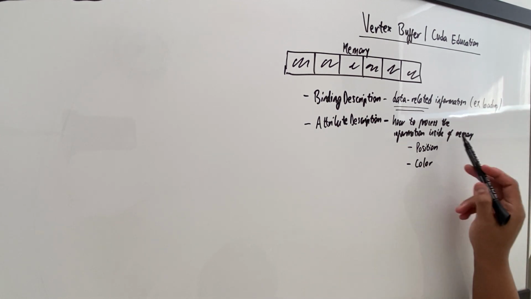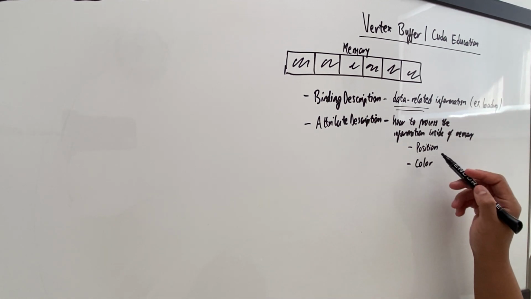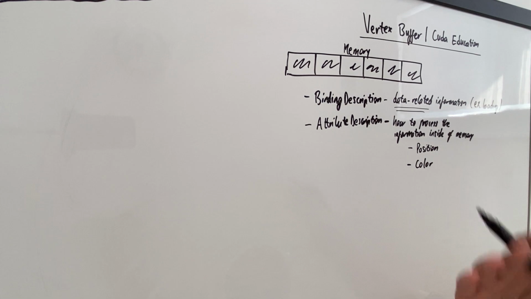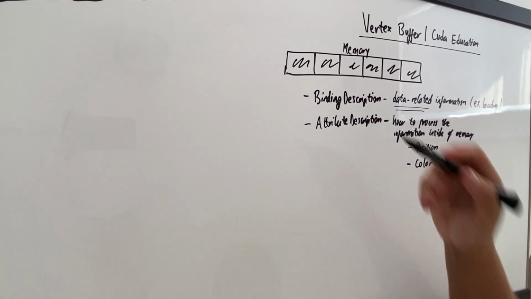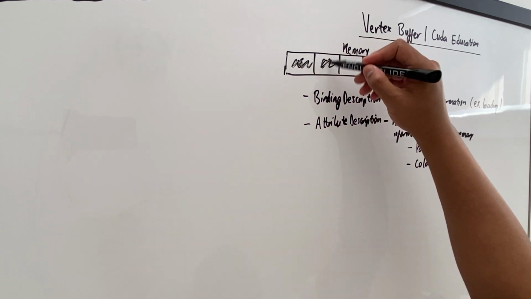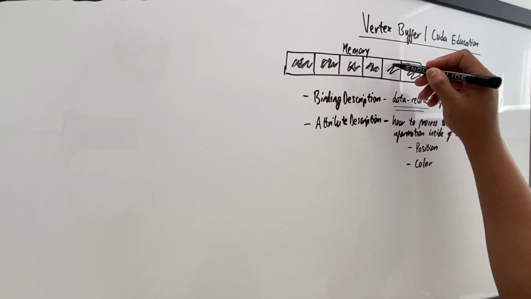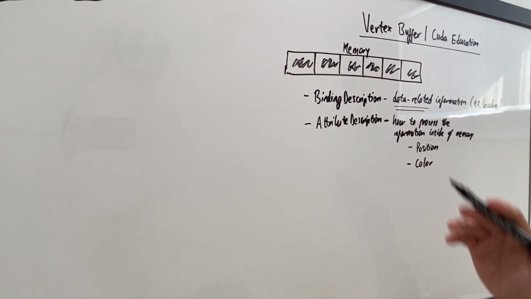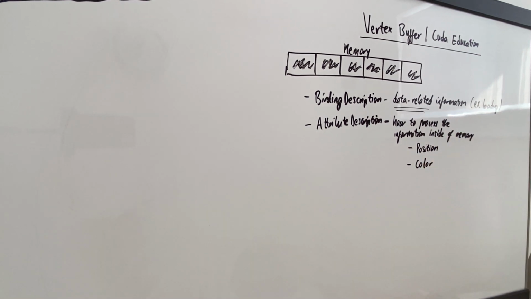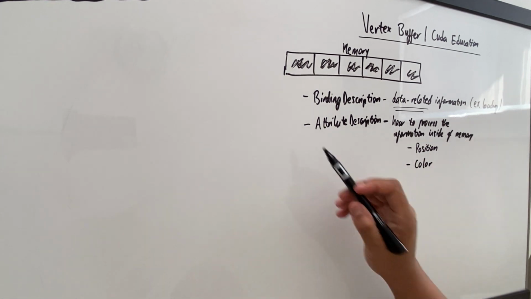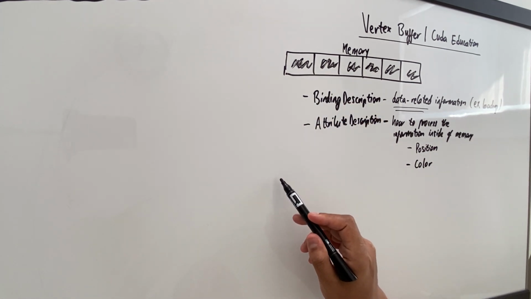And then how to process the information inside of memory. So position and color information. So how are we going to process whatever is stored in here? You have to give Vulkan a roadmap on what is stored in there and how we're going to deal with that information. So that's one piece of the conversation.